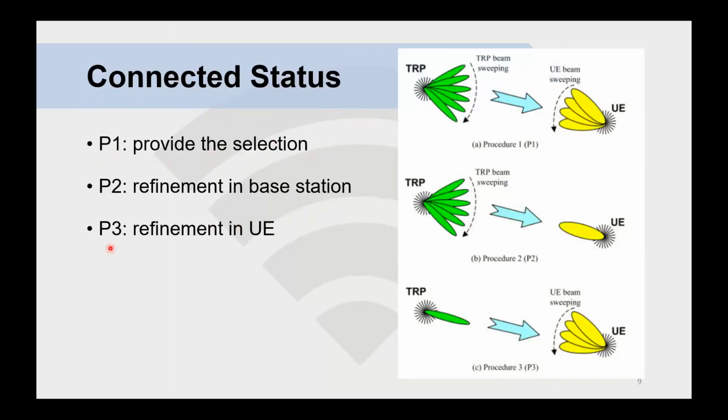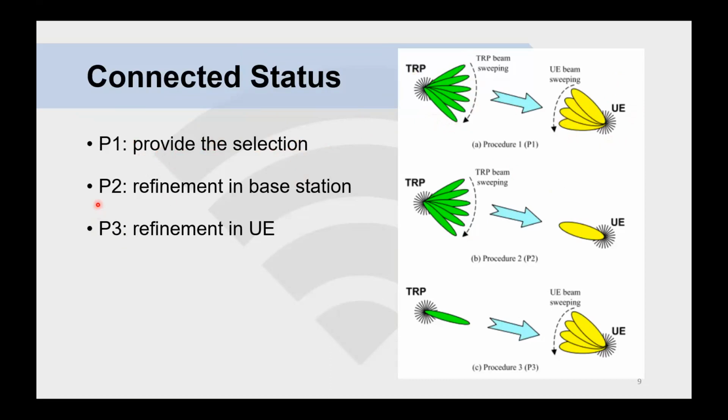And it is divided into procedures P1, P2, and P3. Procedure 1 also provides the selection, but different from the initial access, it provides the selection after RRC reconfiguration. That means some configuration has changed on the base station side or on the UE side.